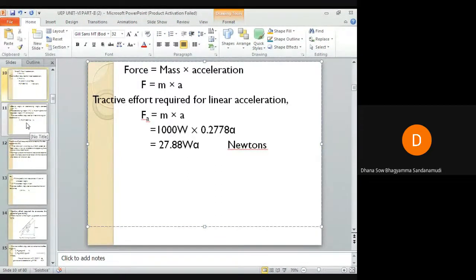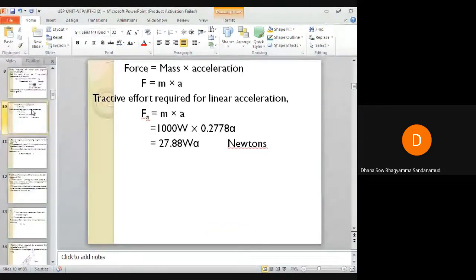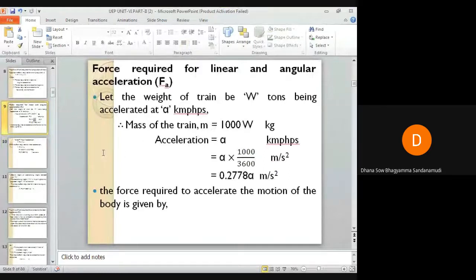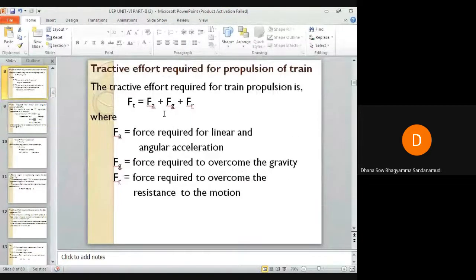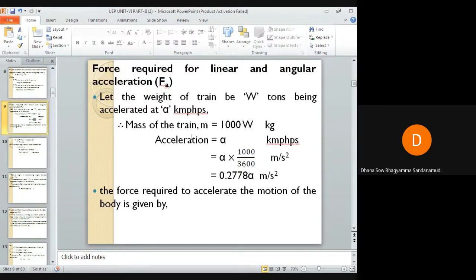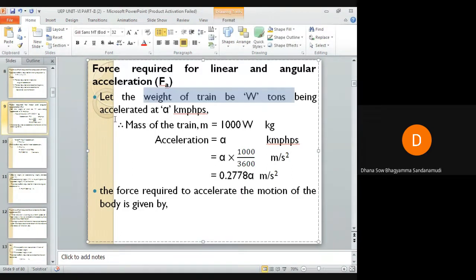Now you can note it down quickly. Ft is equal to Fa plus Fg plus Fr. Write it down. Weight of the train, W tons, acceleration alpha. Write in your own words, don't copy as it is.